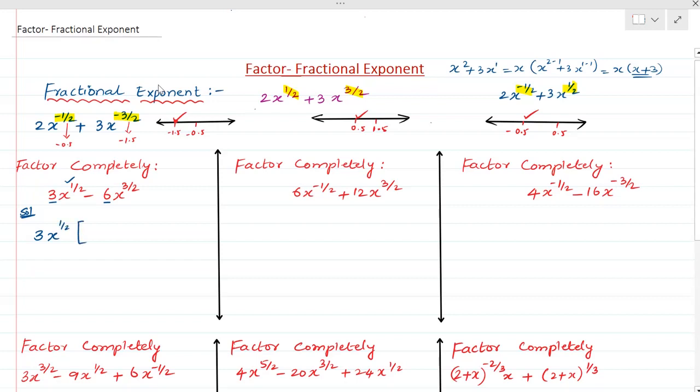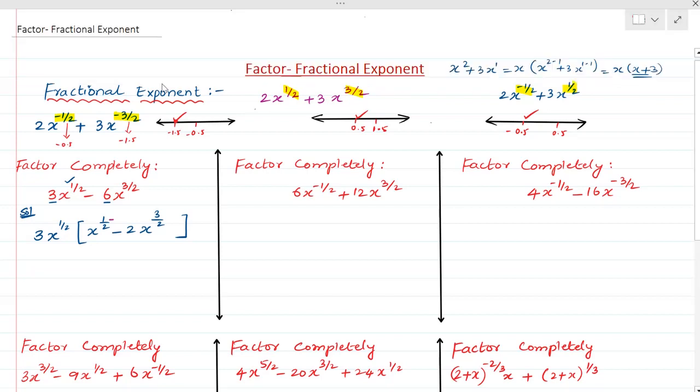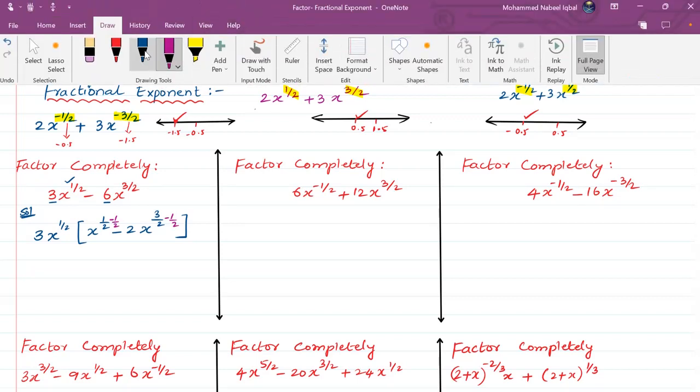If I take it outside, 3 is outside, here x to the power 1 over 2, minus 3 outside, therefore 2 x to the power 3 over 2. Now when you take this one outside, I have to subtract half, and here also subtract 1 over 2. If you take the positive, you have to subtract.